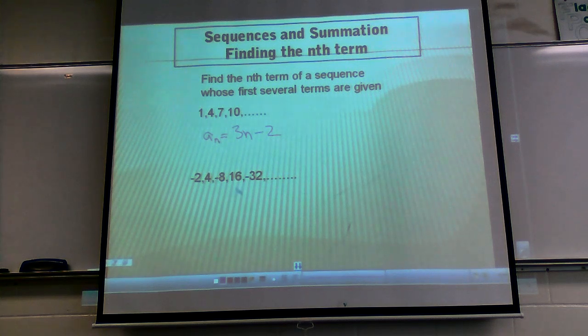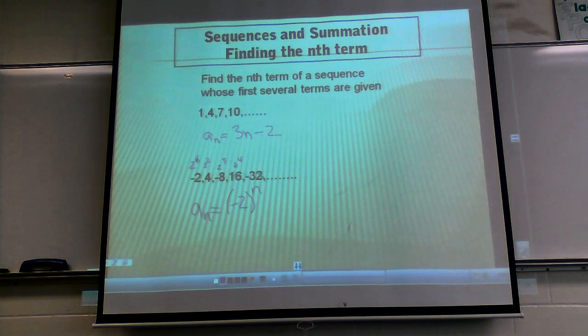If you wrote it this way, I can see it working. If you didn't group it, you'd have issues with it. You have to group it here. All these guys are raised to the nth power, right? That's 2 to the first power, 2 squared, 2 cubed, 2 to the 4th.